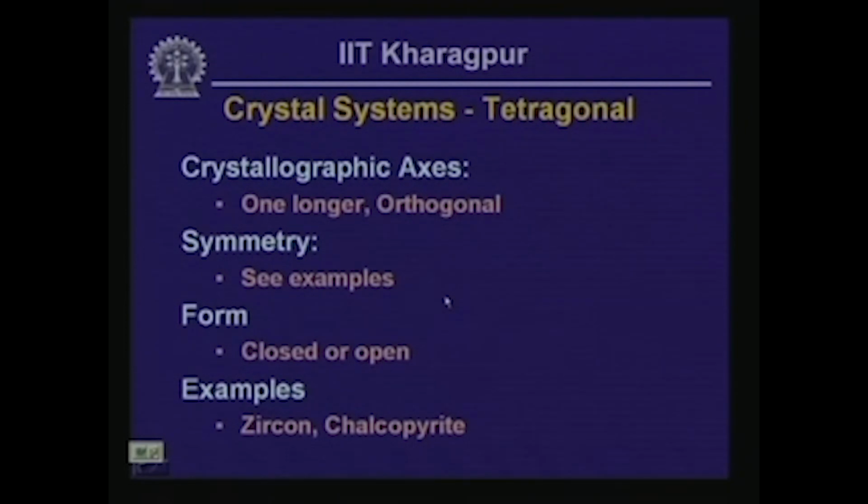Now, the second type of crystal system that we are going to consider here, you can see that we are going to increase the complexity as we go down the line. The second type of crystal system is called the tetragonal family of crystals.